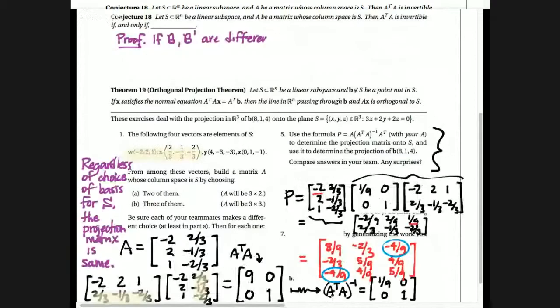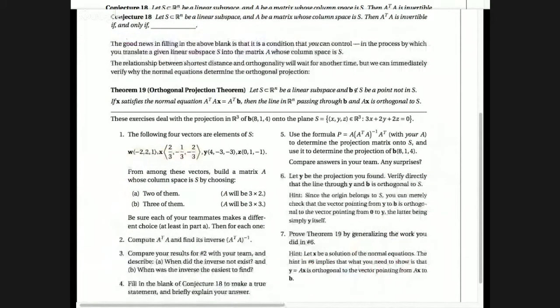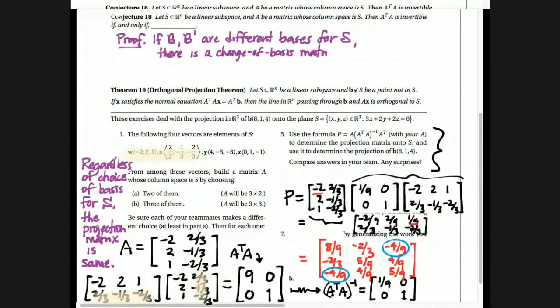If these are two different bases for S, then according to first semester linear algebra, we should have a change of basis matrix, let's call it C, and it would have the property that the matrix A multiplied on one side by C and on the other side by C inverse, that C inverse A C, would be equal to A prime, the matrix that we get by choosing the columns of B prime, the basis B prime.